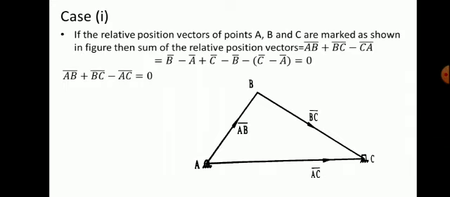AB rotates in anticlockwise direction, theta 2 with respect to AD. Then you can see with respect to horizontal, BC makes theta 3. With respect to DC, it makes theta 4. These are the 4 angles, theta 1, theta 2, theta 3, theta 4.